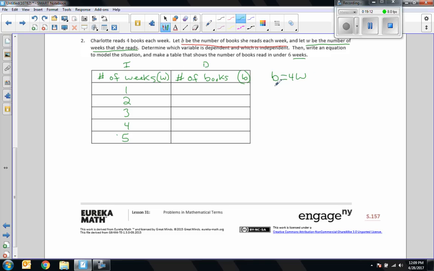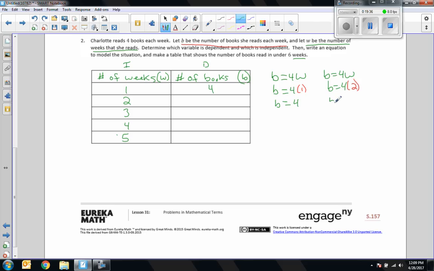So if I'm going to do this, I'm going to say B, number of books, equals 4 books per week. And if I read 1 week, 4 times 1, number of books I read in 1 week is 4. B equals 4W, and replace W with my independent variable, 2.